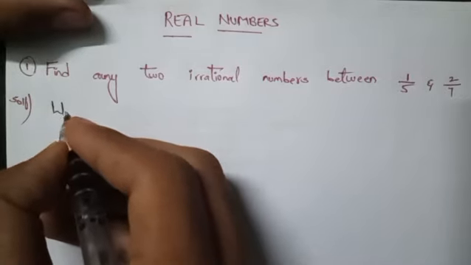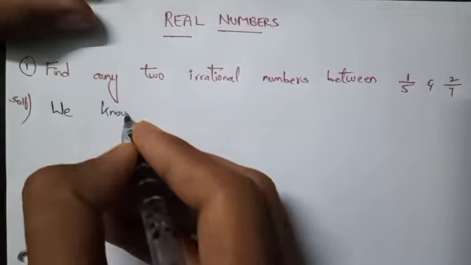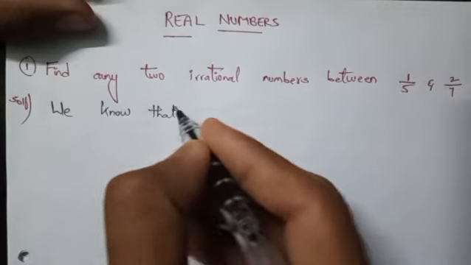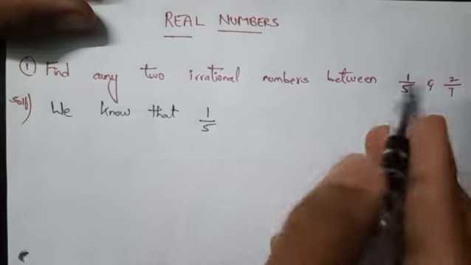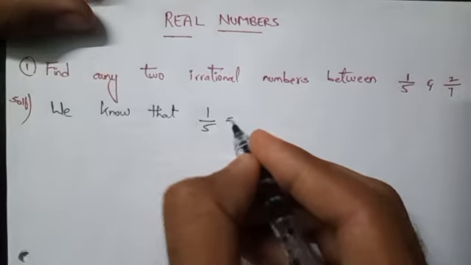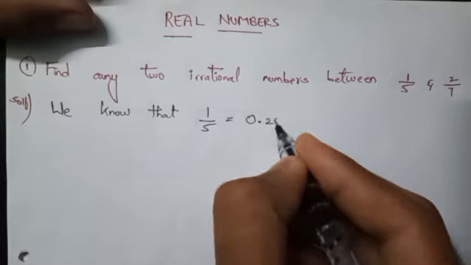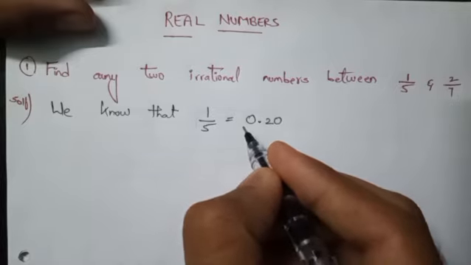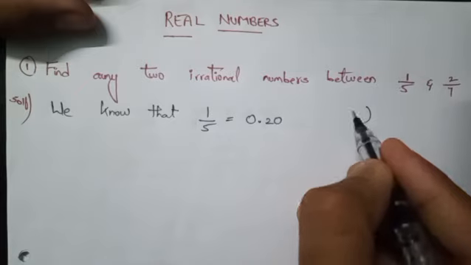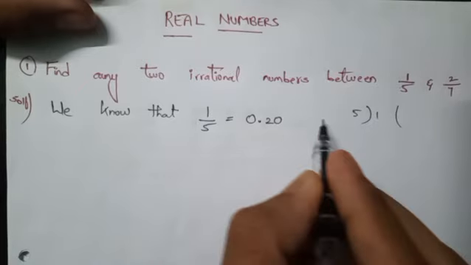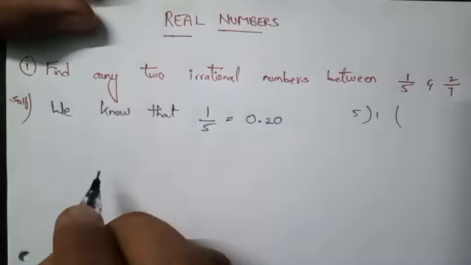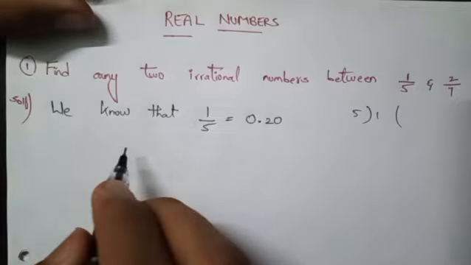Let's consider, we know that 1 by 5, if we divide this, we will get 0.20. This is simple. You can divide like this and you will get 0.2. Okay, this is a simple division method.